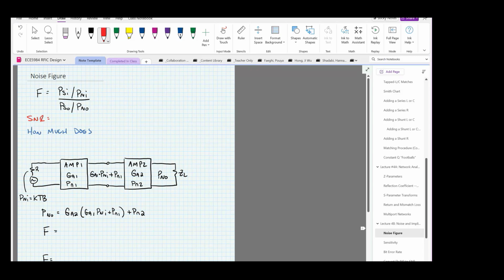So we can make some substitutions and write F is equal to PSI over PNI, where this is SNR at the input, over PSO over PNO, where this is SNR at the output.